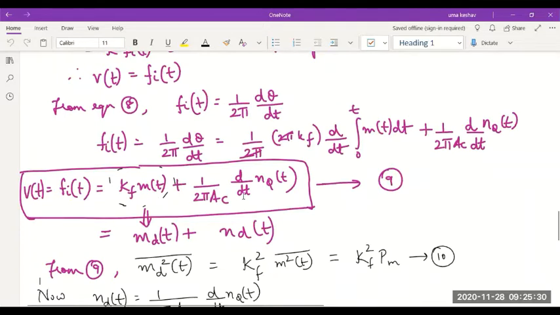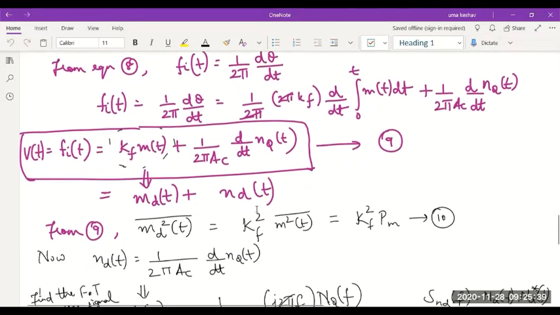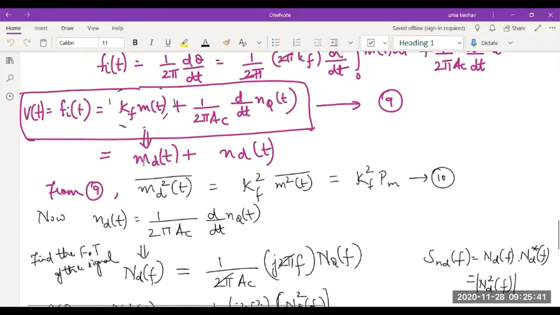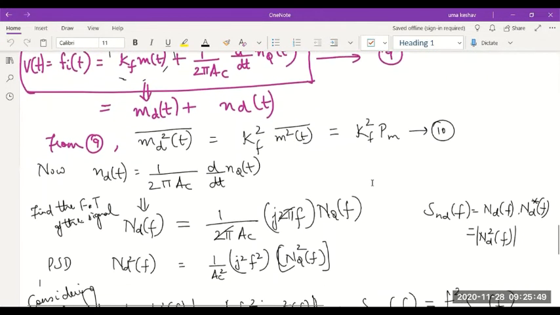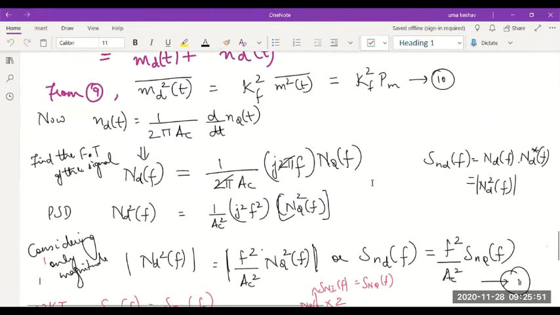And here you can clearly see it is in the form of sum of detected message plus detected noise. Therefore, we could find the average power in the detected message signal, kf square pm, and we are trying to find the average power in the detected noise, which is given by this.